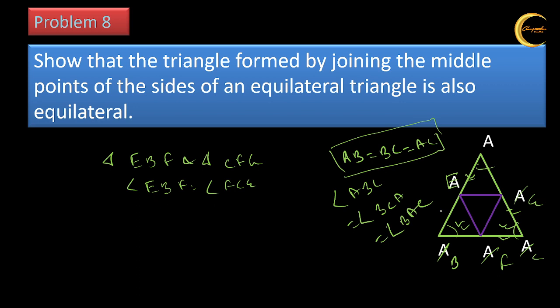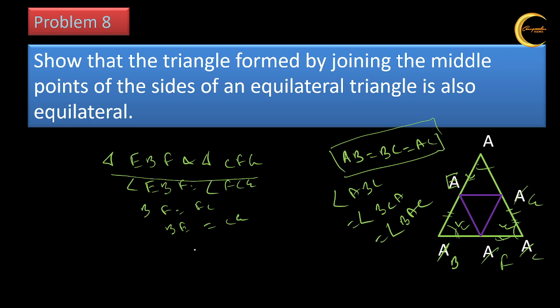Again, these two lines are equal, because this is a middle point. So BF equals FC and BE equals CG. Now you can say these two triangles are equal in all respects.